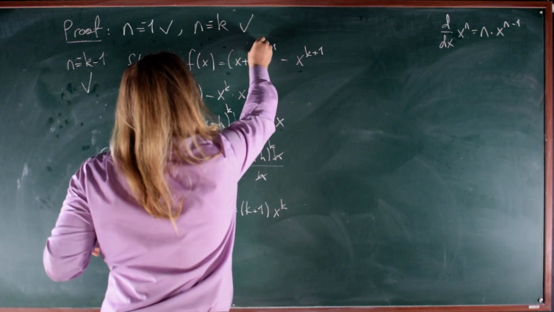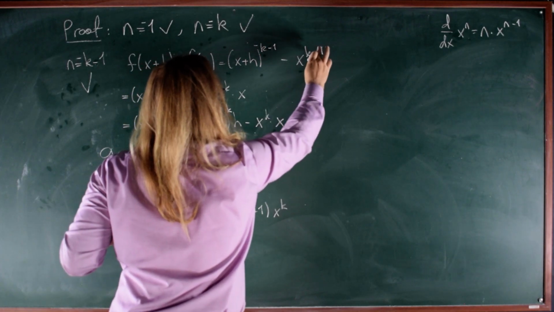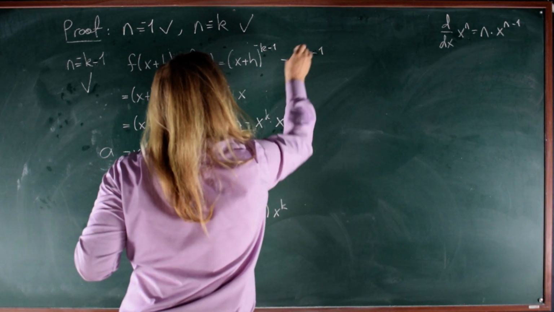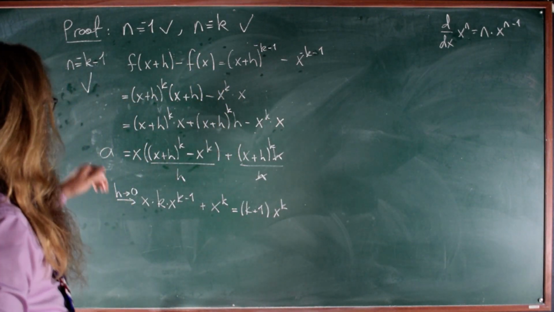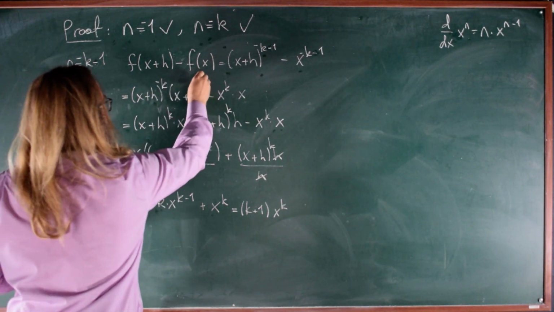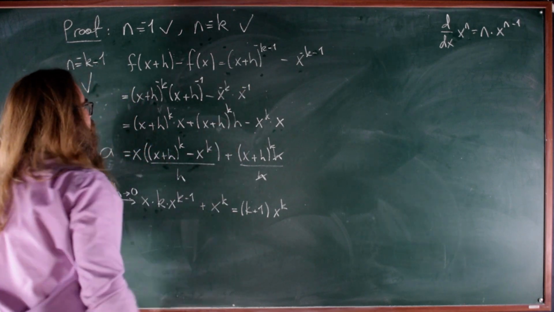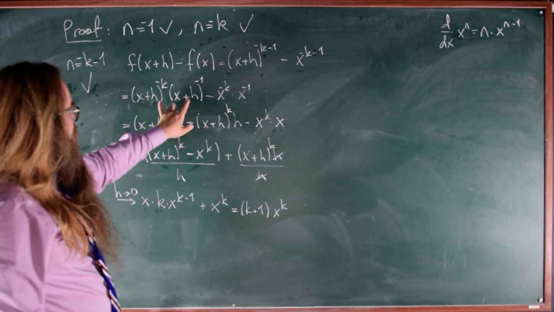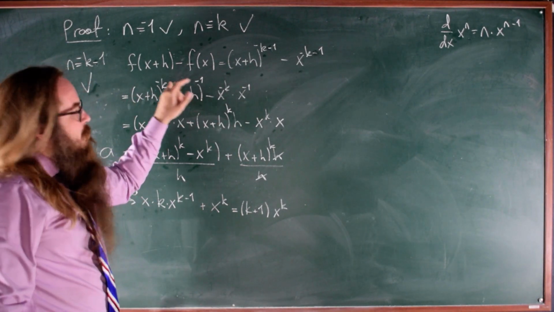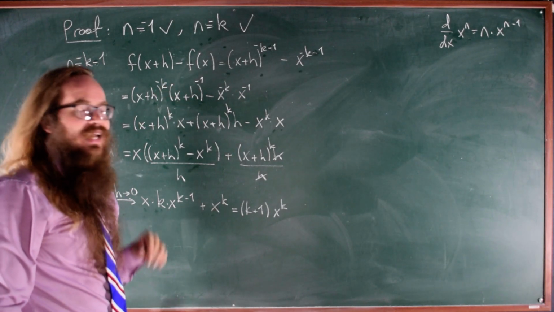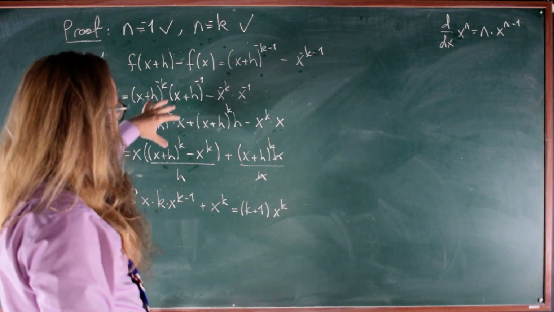I get minus, minus, minus, minus. I get a minus here, and a minus 1 here and here. What I did here is I expanded this parenthesis. But when it's the inverse, I can't do that anymore. So the argument kind of breaks down here.